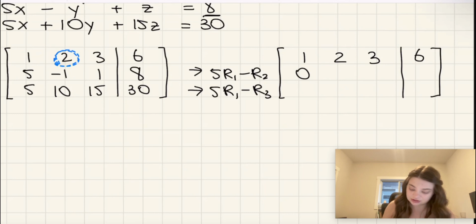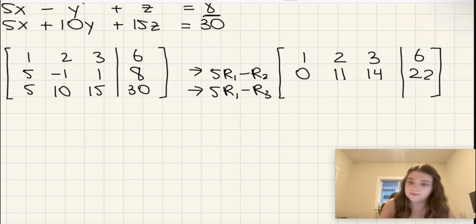So 5 times 2, which is 10, minus -1, which is really like 10 plus 1. So that's 11. So I'm going to put 11 here. And then for this third one, we have 3 times 5 is 15, minus 1 is 14. So 14. Then we have 6 times 5 is 30, 30 minus 8 is 22.